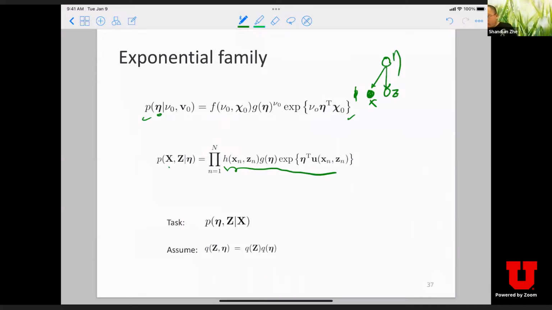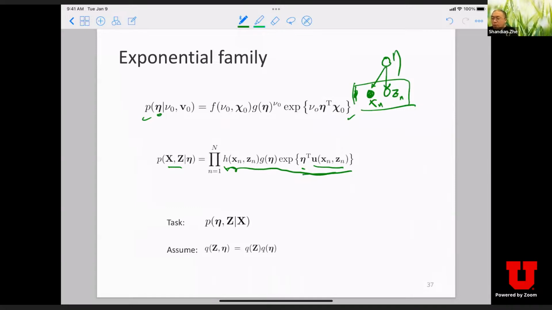And here in the data part, we assume you have n data points, so you have x n and z n here, and your likelihood has this general exponential form: some function h of x n and z n, and g of eta, times this exponential form. The eta is the natural parameter, and you have sufficient statistics, which are a function of both x and z n.